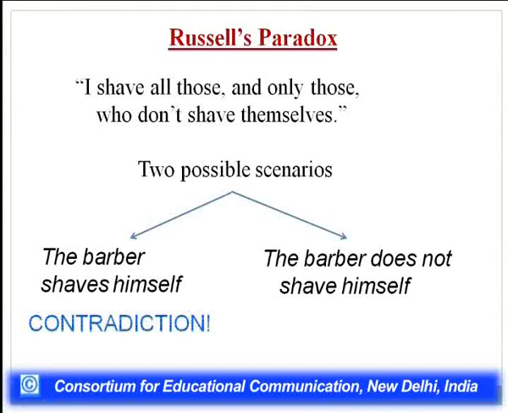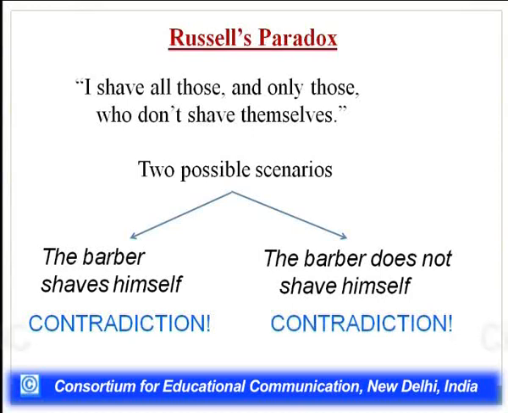So herein we have a contradiction, because we assume that the barber shaves himself, but the statement says that the barber should not shave himself. Similarly, if we look at the second possible scenario, that is, the barber does not shave himself, again we have a contradiction, because our statement says that the barber shaves all those and only those who don't shave themselves.